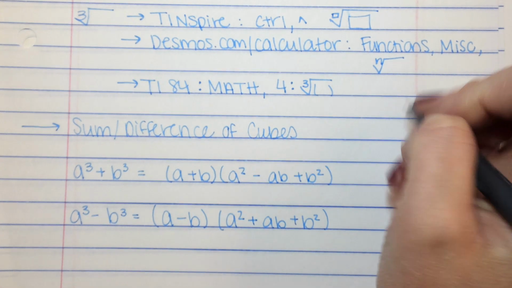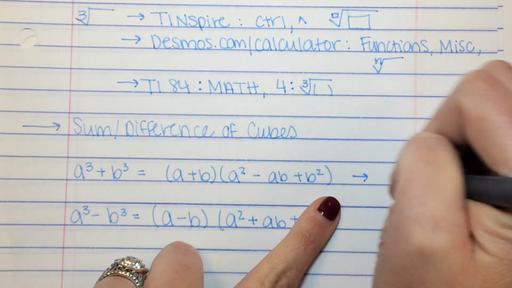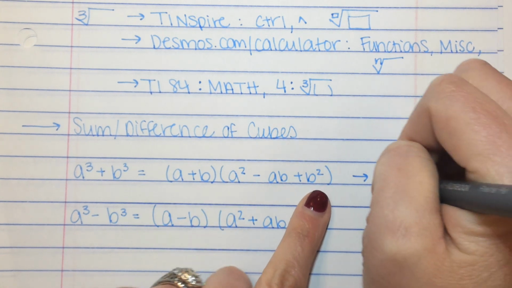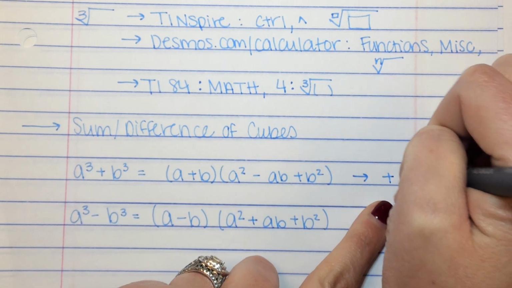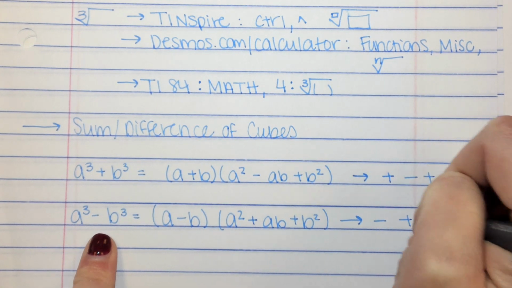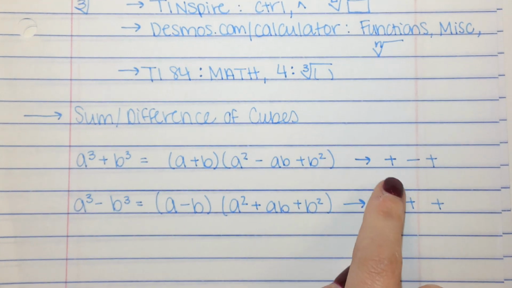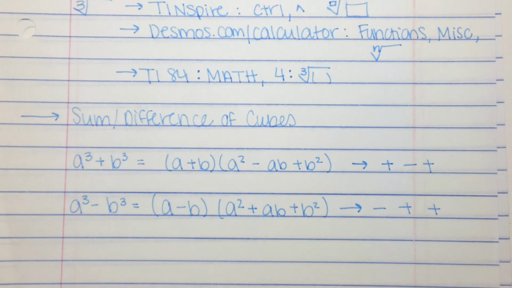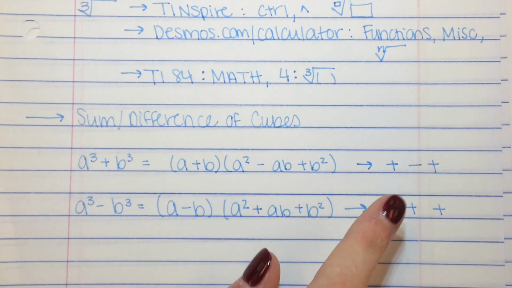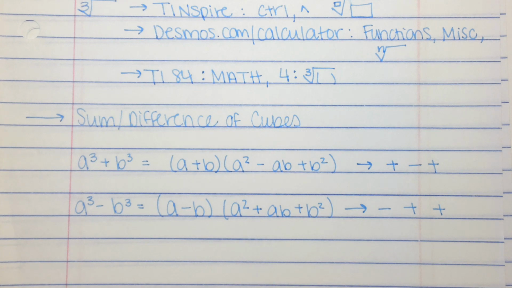So for addition in your factors, if you can remember the a squared, b squared, your signs are just plus, minus, plus, and if it's subtraction, it's minus, plus, plus. There can only be one minus, and it's either in the middle or the beginning, okay? So hopefully that's helpful, but you at least need to memorize one and then know what to do with the signs.